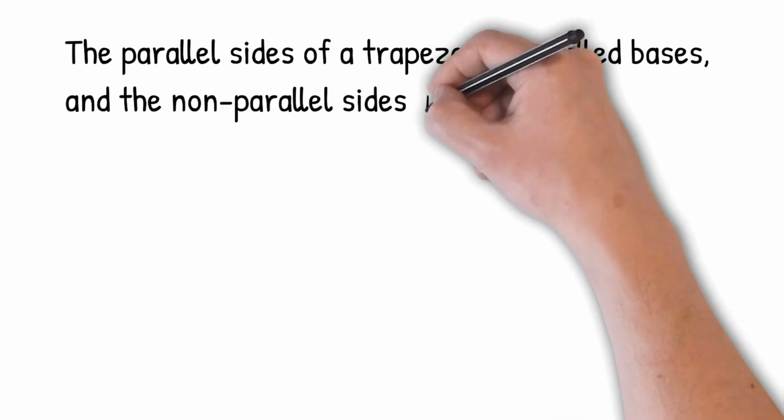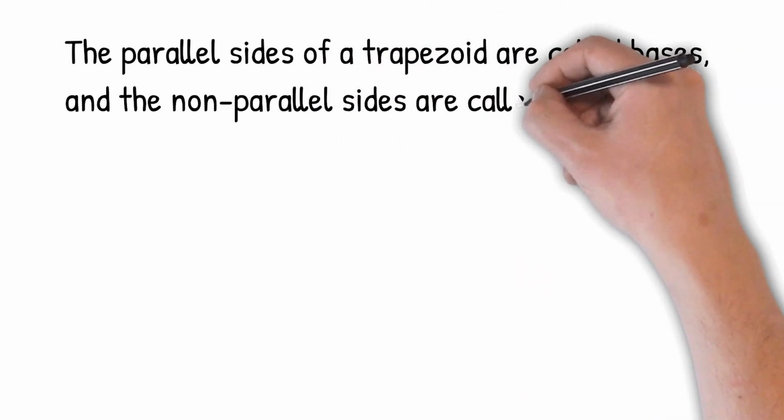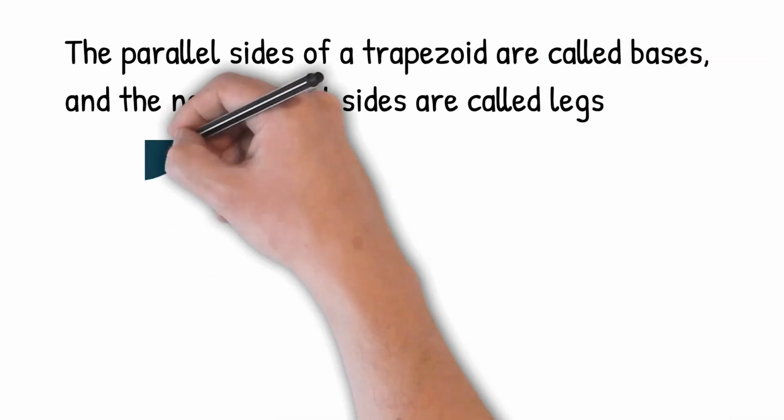The parallel sides of a trapezoid are called bases, and the non-parallel sides are called legs.